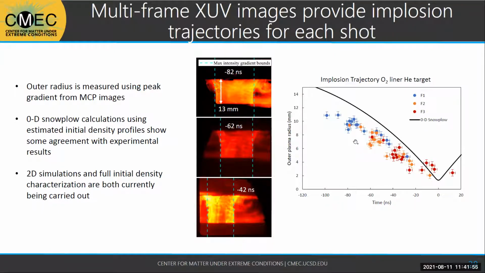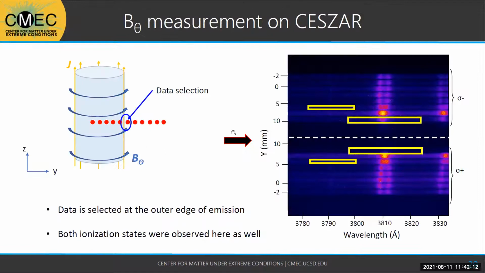I'm still working on doing simulations in Hydra to better study these implosions, but I don't have more to show on that at the moment. So again, this is just an example of the raw data that we're getting.